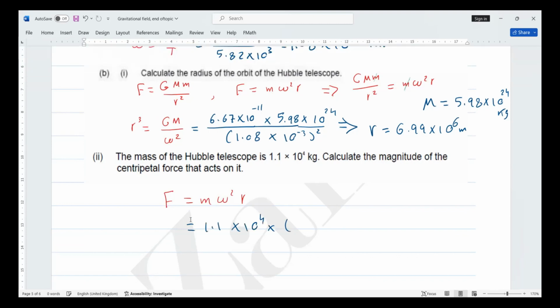Omega we calculated before: 1.08 multiply 10 to the power negative 3, squared. Multiply by R, 6.99 multiply 10 to the power 6. By using the calculator, you will get the answer as 8.97 multiply by 10 to the power 4, and remember the unit, Newton.